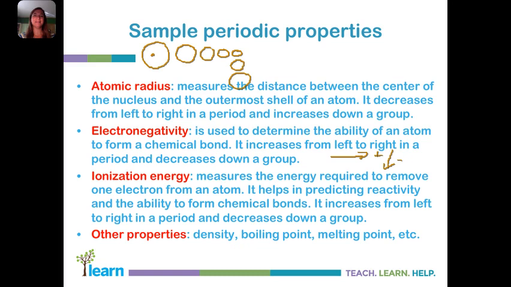It helps in predicting reactivity and the ability to form chemical bonds. It increases from left to right in a period and decreases down a group. There are other periodic properties that we can find, such as density, boiling point, melting point, and many others.